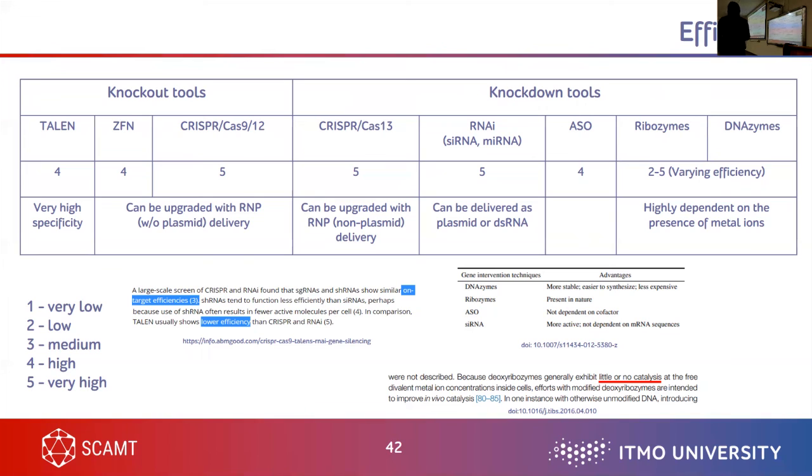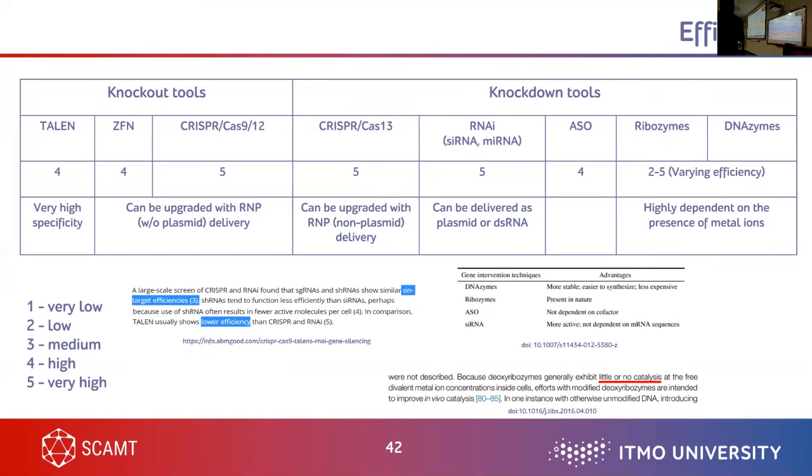And a few facts: TALEN again has very high specificity, but zinc finger nucleases and CRISPR-Cas can be upgraded and delivered as proteins, and protein forms of ZFN or CRISPR-Cas will work much faster than if we deliver them in plasmid form. If we deliver plasmids of CRISPR-Cas or zinc fingers, we need to wait for expression of these proteins inside the cells.